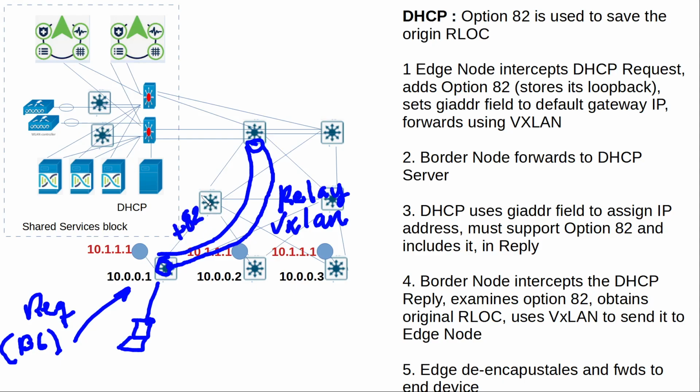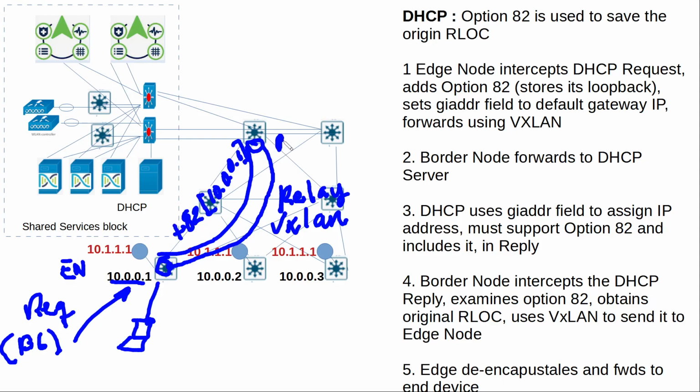And when using option 82, the edge node will include inside option 82 the loopback that uniquely identifies this edge node, which is an RLOC. So it will use the IP address 10.0.0.1, which is this IP address.